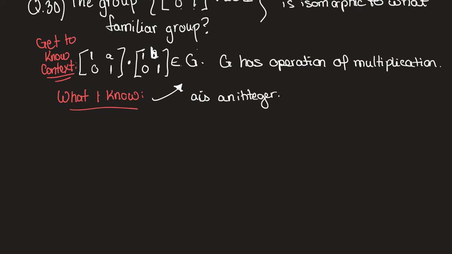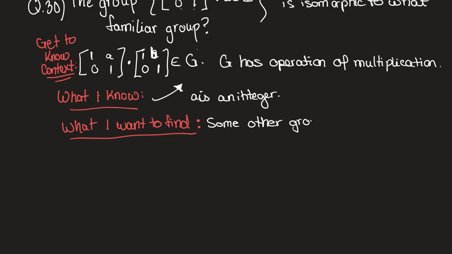And so let's be clear on what we want to find. I want to find some other group that is isomorphic to G.